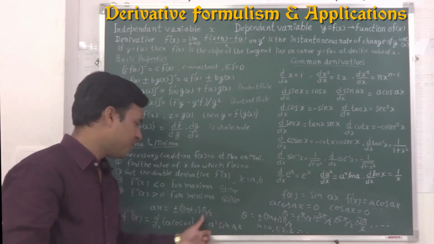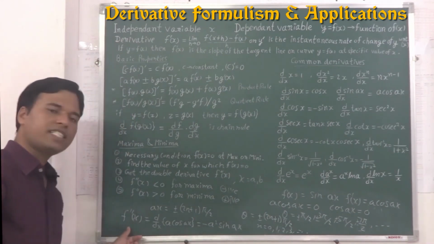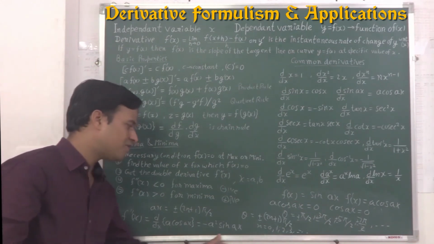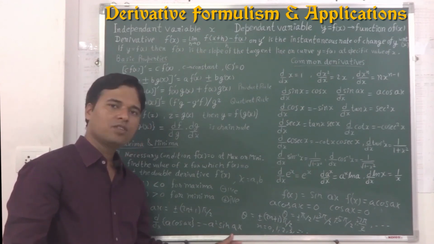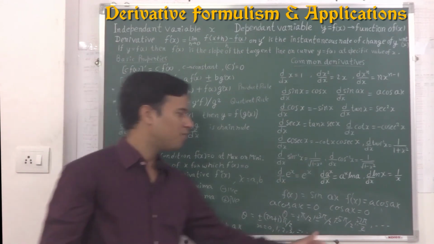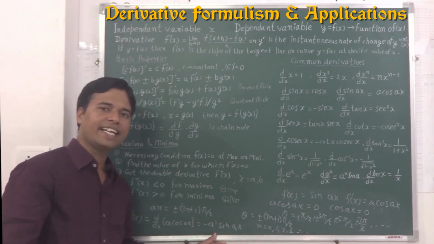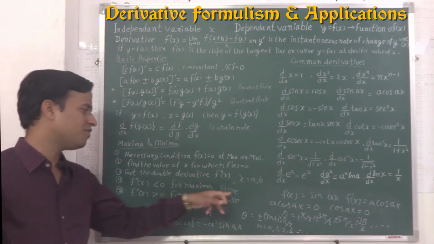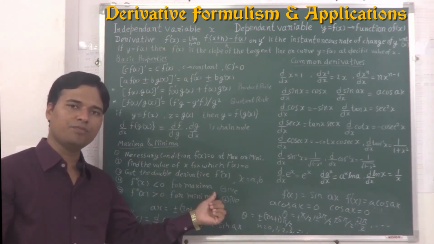Then we will have to find for which values this second derivative has a negative value. Dear students, if I put here the values sine of pi by 2, 5 pi by 2, in that condition we will get the negative value here. So if we get the negative value of the second derivative, this is the condition of maxima.